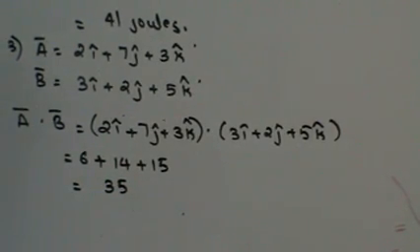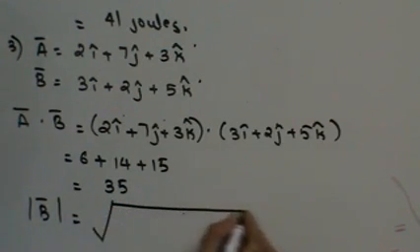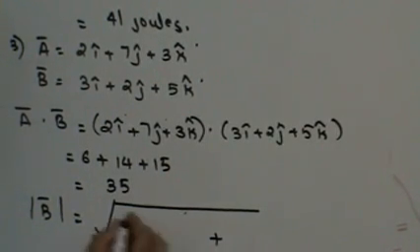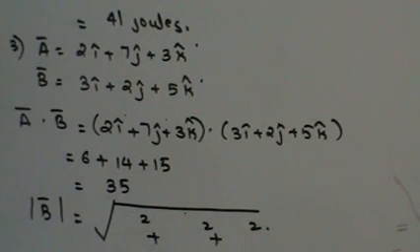Then they have asked you to find out the component of A along B. So find the magnitude of B vector. How do you find the magnitude of a vector? Magnitude of a vector is the square root of the sum of squares of the coefficients. What are the coefficients of B vector? 3, 2 and 5.